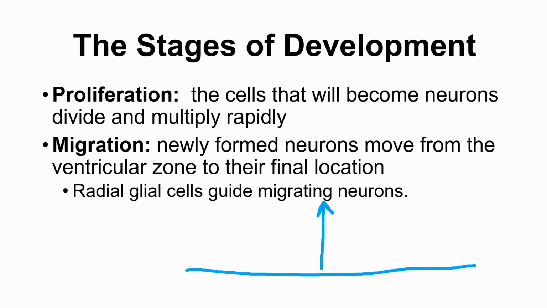Well, that's where our radial glial cells come in. So these guys here. And they're going to guide migrating neurons. So basically what they do is they turn into scaffolding that our neurons can then climb to head in the right direction. So the radial glial cells help make sure that they get to the place that they need to go.